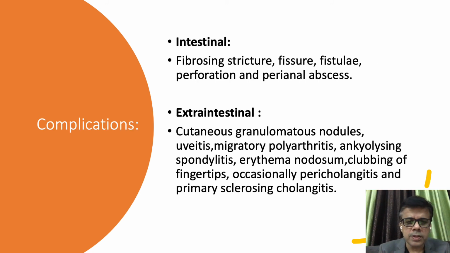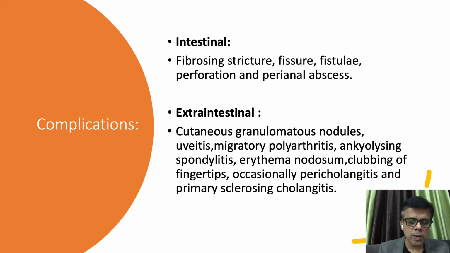Complications include the formation of strictures, fissures, fistulae, perforation, and perianal abscess. The extra-intestinal features are more or less the same as those of ulcerative colitis. The cutaneous granulomatous nodule is an exception that is not seen in ulcerative colitis, but here it may present as a cutaneous nodule. Uveitis, migratory polyarthritis, and ankylosing spondylitis may be associated, again with HLA-B27.